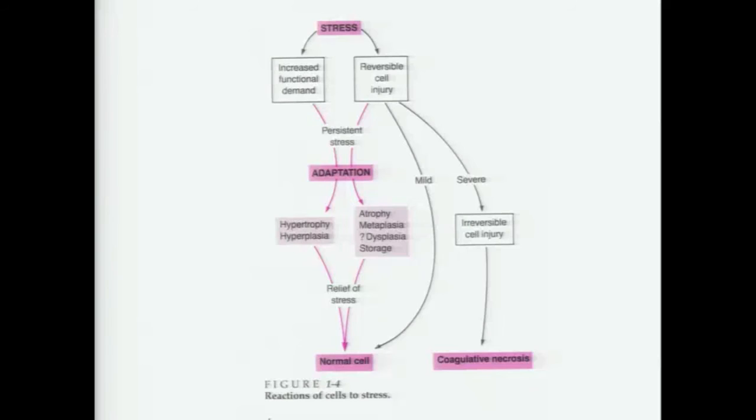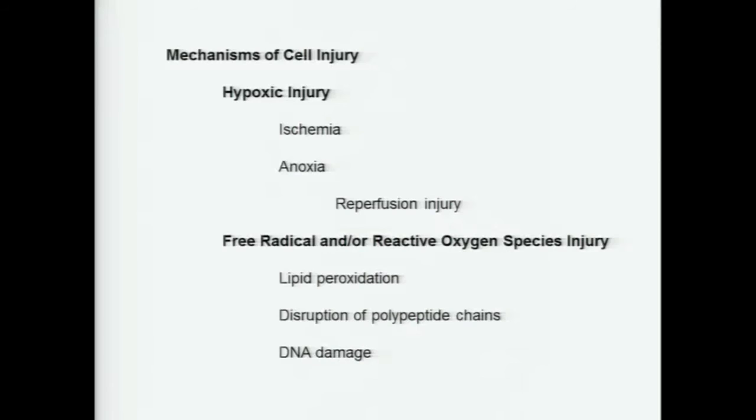We'll talk about that in a moment. But for most of these, when the stress is relieved, the cell can go back to a normal state. So these represent reversible adaptations to prolonged stress or injury.